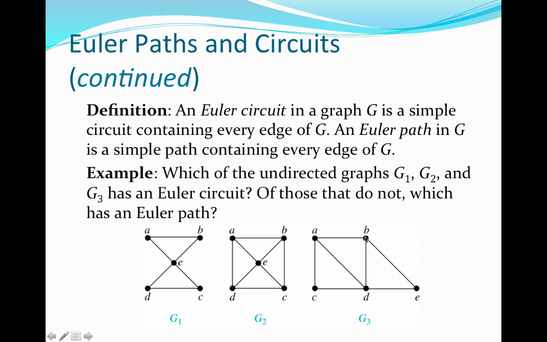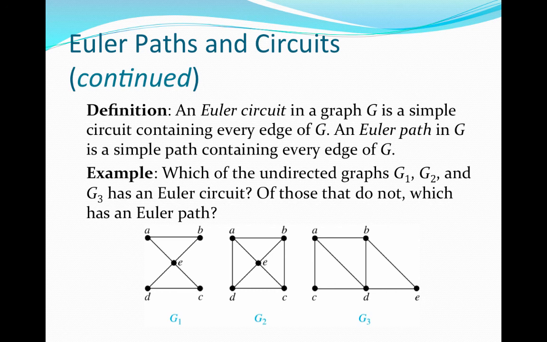Notice we have been able to get an Euler path, but we don't get an Euler circuit because we can't arrive back at the vertex we started with. No matter where we start and do this process, we can't get back to where we started from. So it doesn't have an Euler circuit, but it does have an Euler path, because if we start from somewhere, it is possible to visit all of the edges without having to lift our pen or retrace our steps.